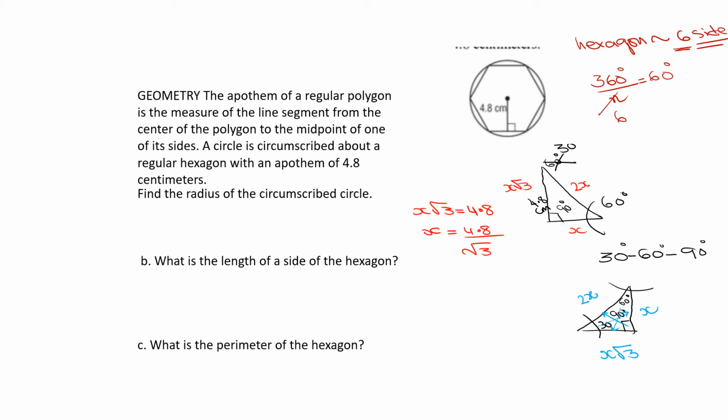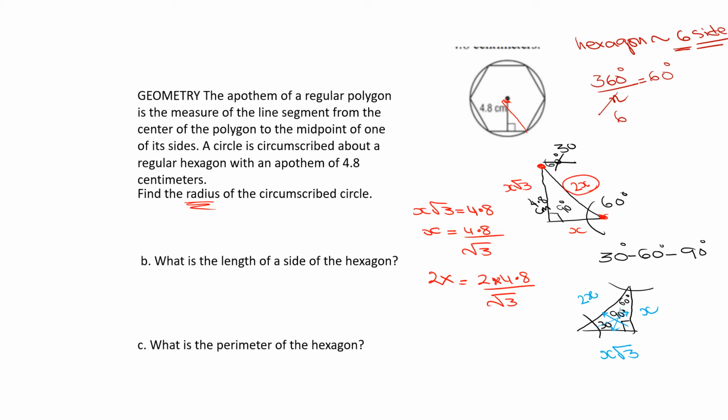Now I need to find the radius. It means I need to find the distance from here till here, which is actually 2x. So 2x equals 2 times 4.8 over square root 3, which is 9.6 over square root of 3.